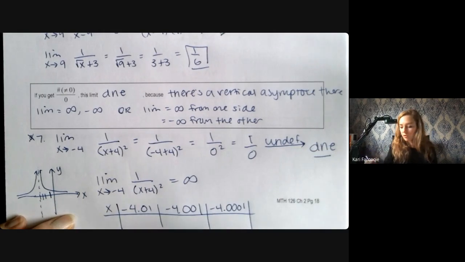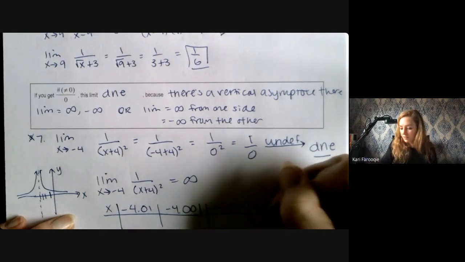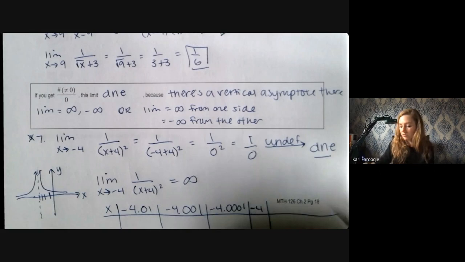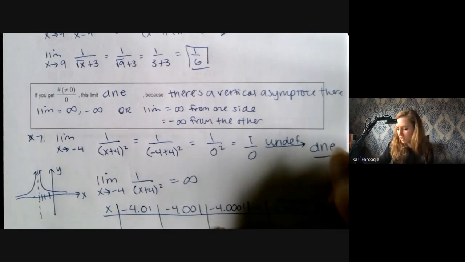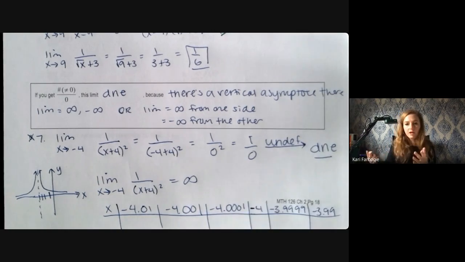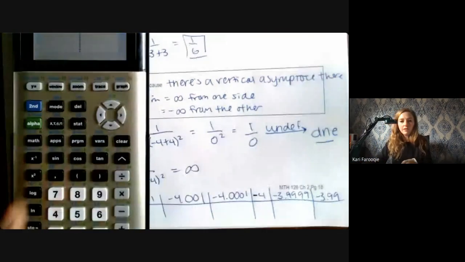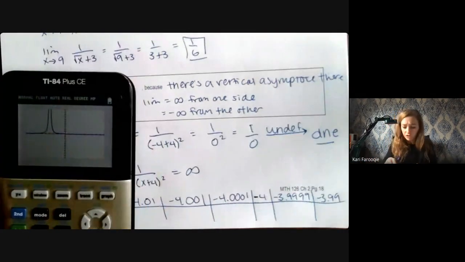See how large those y values get. And then as you're moving to the right of that, maybe you're at -3.9999, -3.99, and so on and so forth. You don't have to do that for this one. I think I already maybe did this for you, but we can just look at it because we already have it in our calculators. Why not? The function's in there.